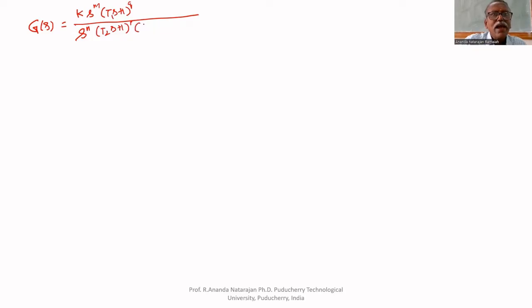Now let us see second order factor in the denominator, that is tau square s square plus 2 zeta tau s plus 1.